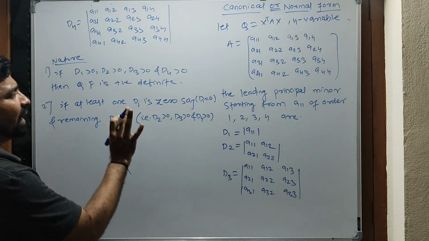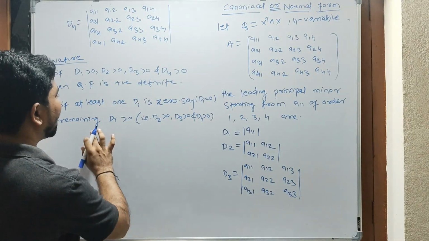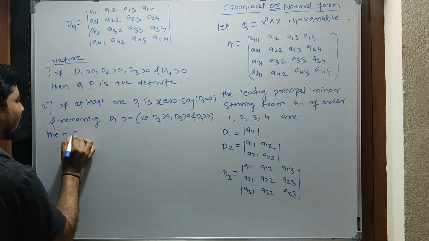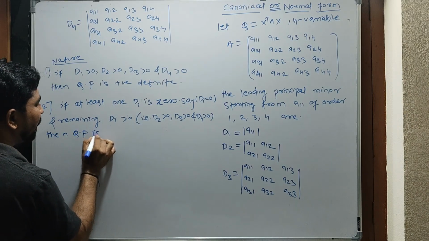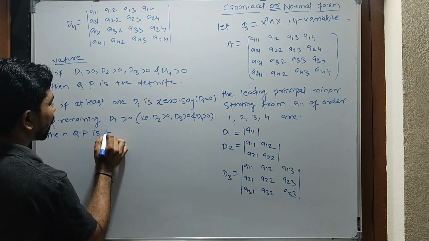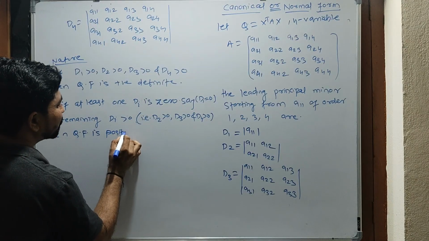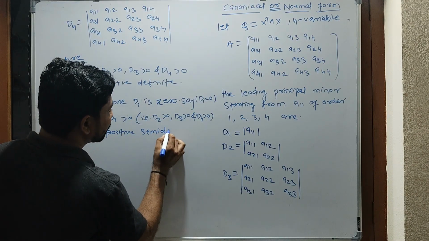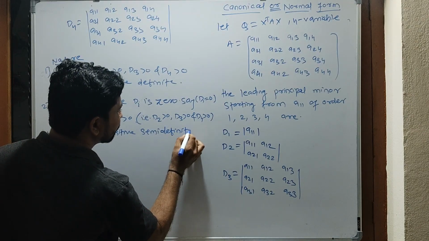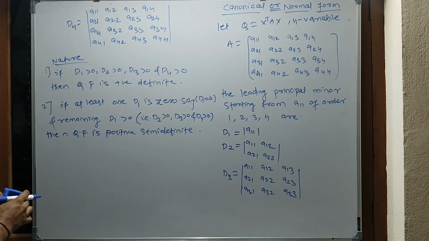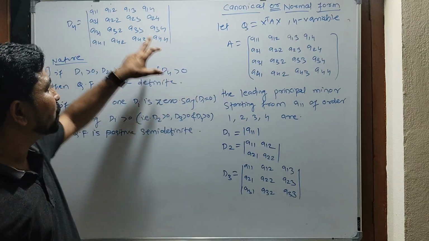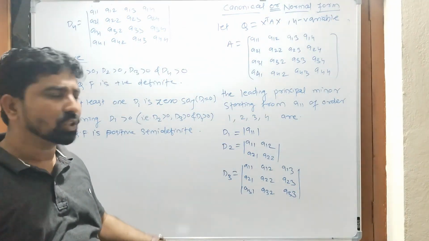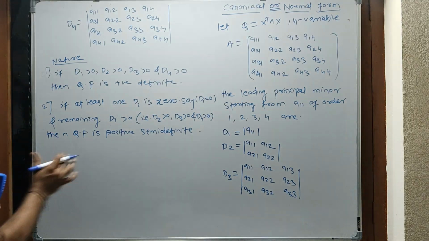So if at least one di is 0 and the remaining di are positive, then the quadratic form is positive semi-definite.